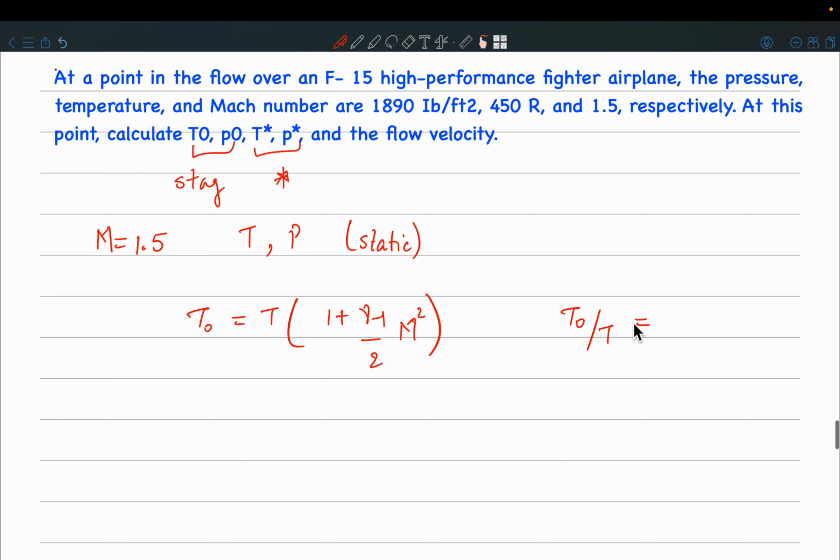Sorry, 1.25. No, can you check your calculations? Gamma we'll take for air. Yeah, 1.4.